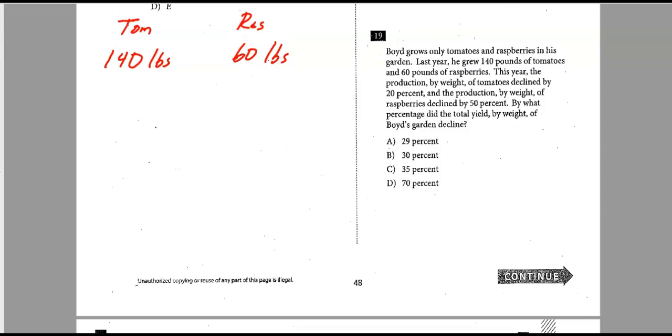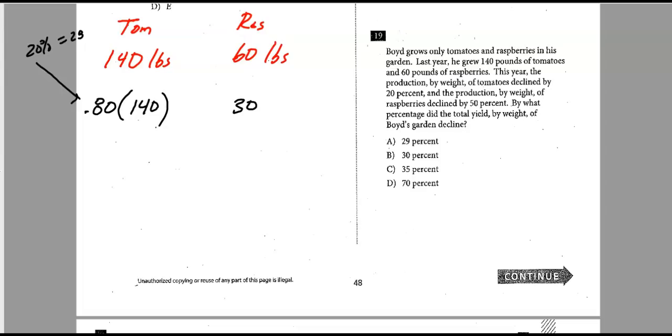So if I want to decline by 20%, that means I have 80% of what I did last year. I'm just coming from a different angle. Now, you could find 20%, which is 28, and then subtract. But that's two moves. It's easier to just come from the other direction and go 80%. Raspberries declined by 50%, so that got cut in half.